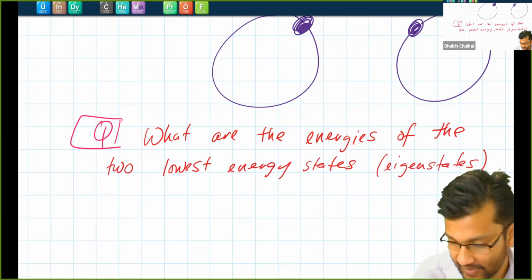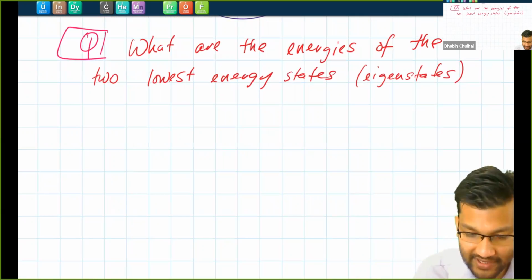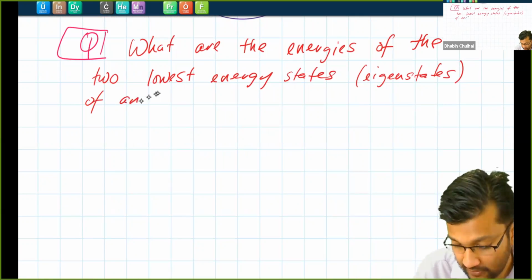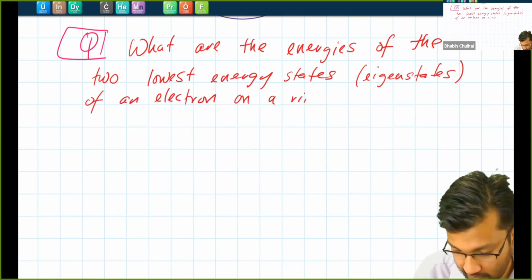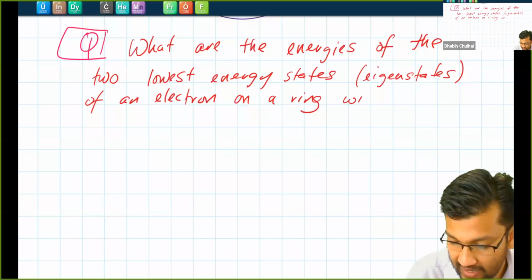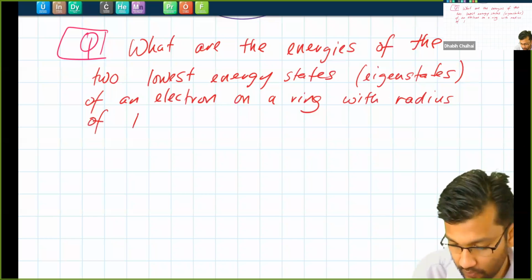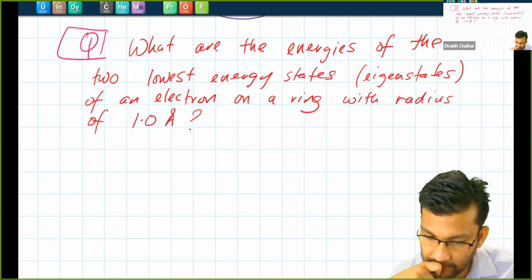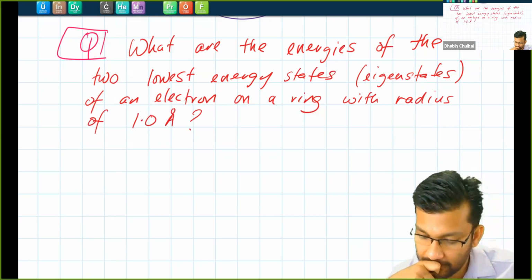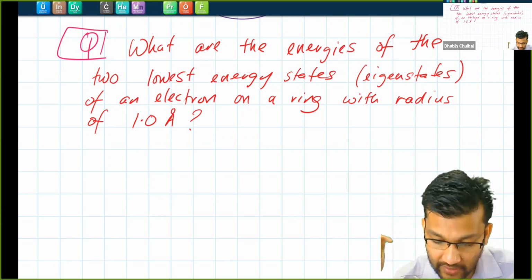Basically, they add eigen in front of anything when it's an eigenvalue problem. Energy states of an electron on a ring, so basically the problem we just solved. And the ring has a radius of 1.0 angstroms. So, the energies of the two lowest energy states or eigenstates of an electron on a ring with radius 1 angstrom.